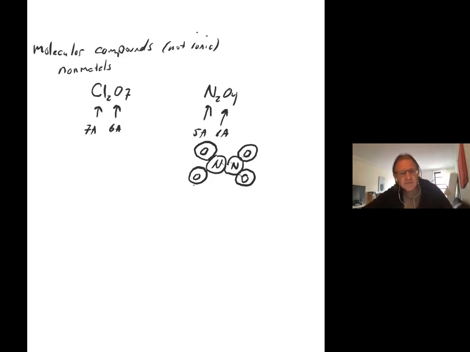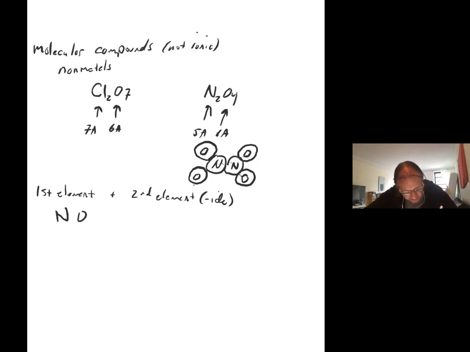So nonmetals with nonmetals, okay? Here's what we do with them. We name them. We name the first element, and then we name the second element. But we name the second element changing the ending to IDE. So for example, here's an example, right?